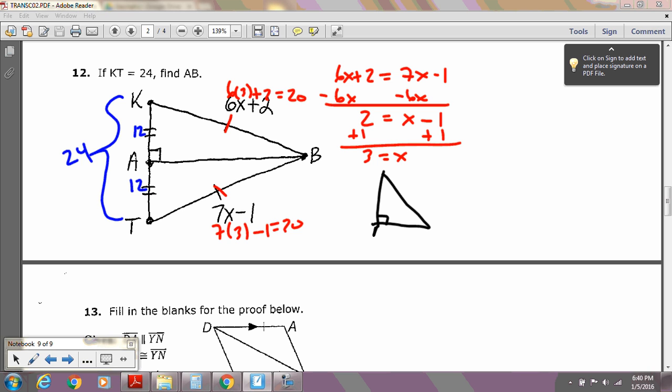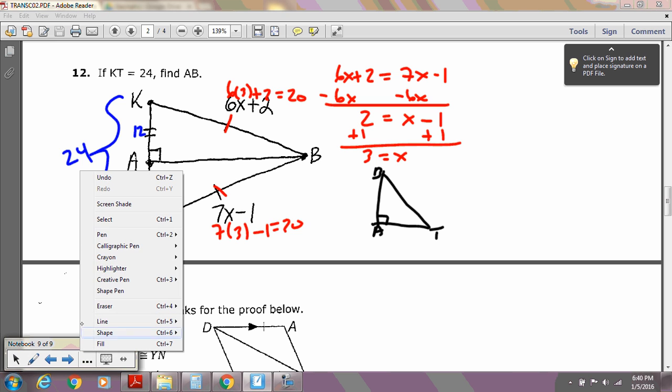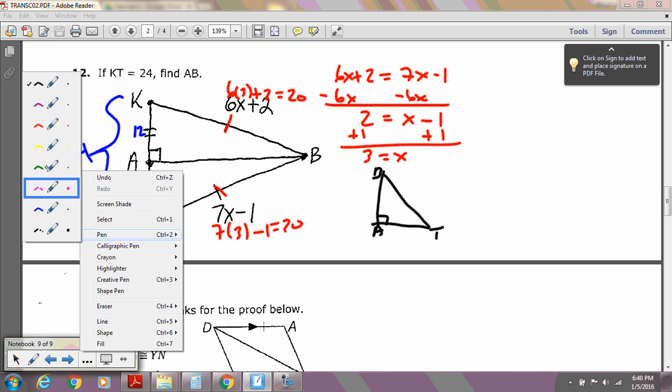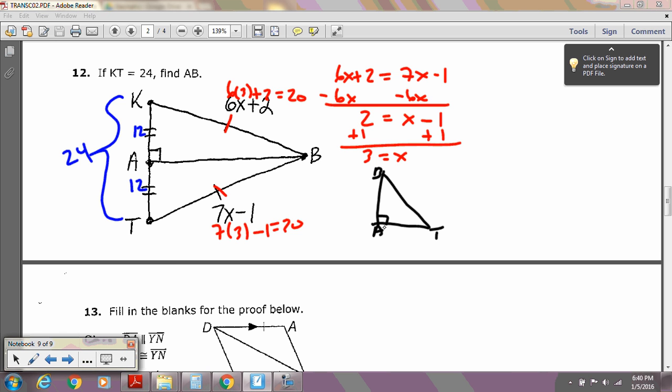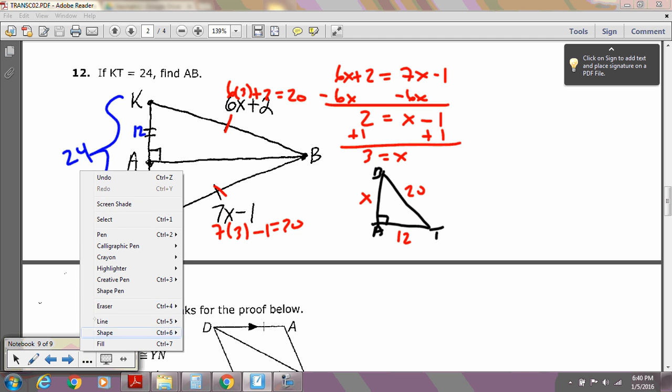So this is A, B, T. And then label the sides. AT, we already said is 12. BT is 20. We have to find AB, which is x, so we can use the Pythagorean theorem.